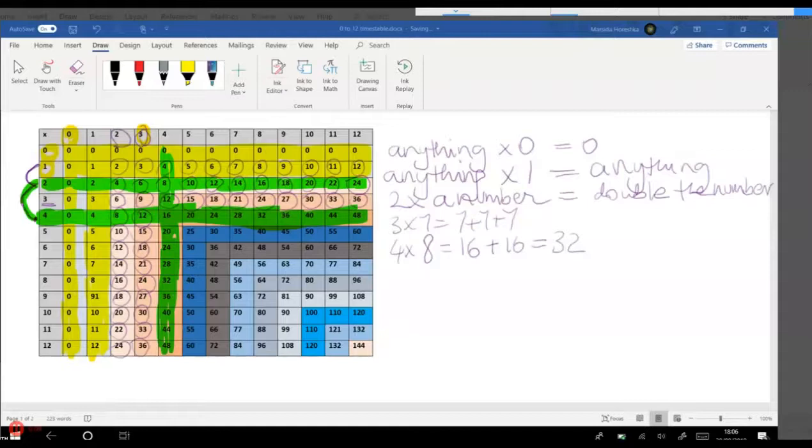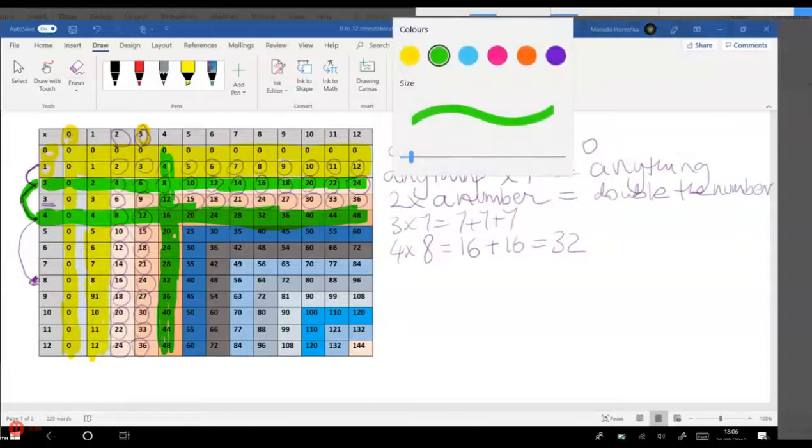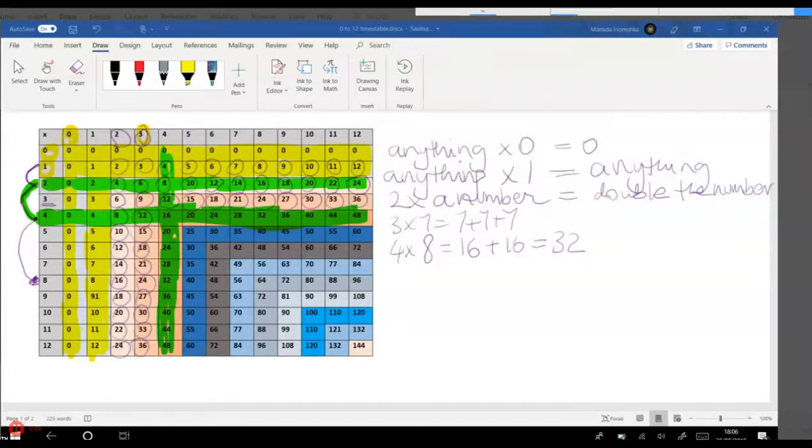And then through the 4s, we can go to the 8s, because again, you just need to double in order to go to the 8s. So look at that. From 4 we go to 8, from 8 you go to 16, 12 to 24, 16 to 32, and so on.